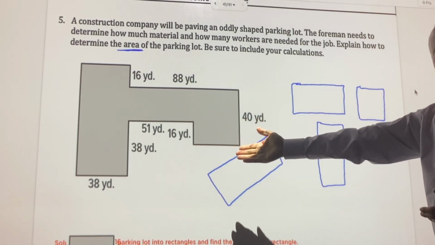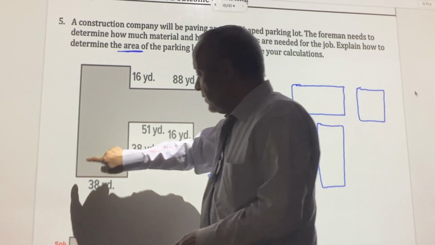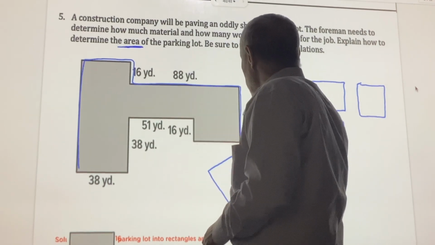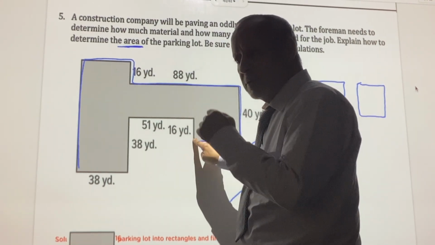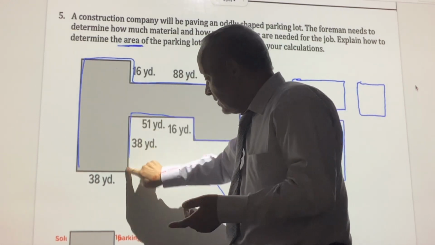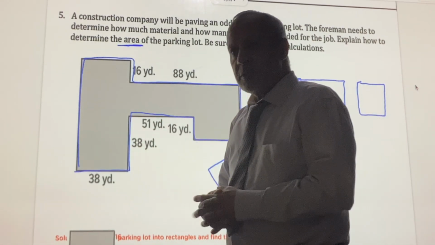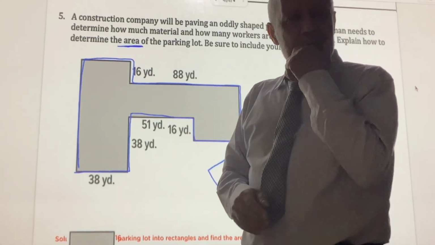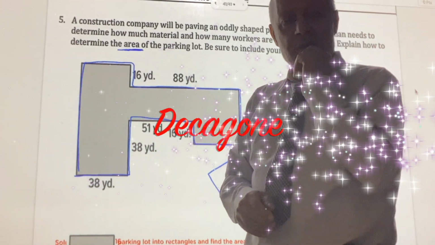Wrong. What do you call it? Because it has too many sides. 1, 2, 3, 4, 5, 6, 7, 8, 9, 10. How many sides? 10 sides. So it's a decagon. I think it's a decagon.